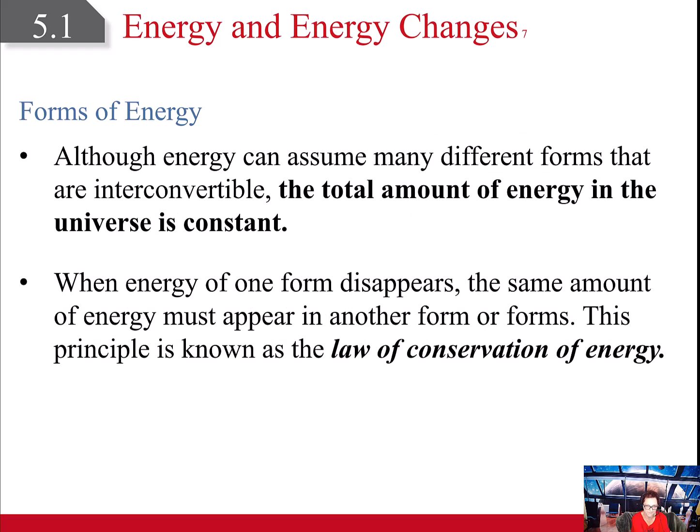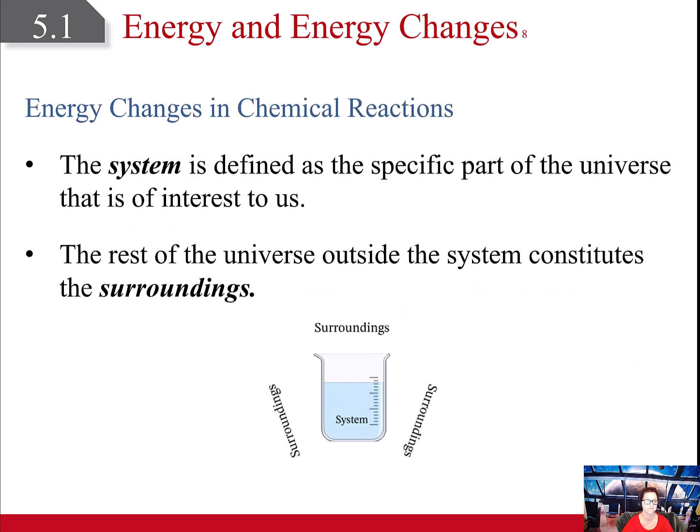One thing to keep in mind is that the total amount of energy in the universe is constant. So we can't create or destroy energy, but we can change the forms that it is in, just like we saw in the law of conservation of matter. This is the law of conservation of energy.